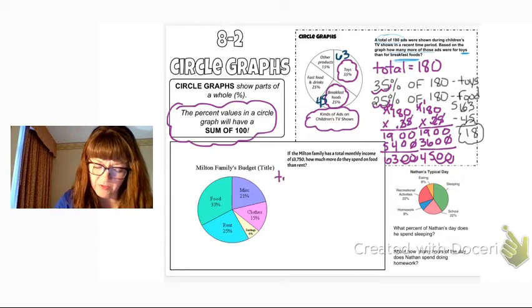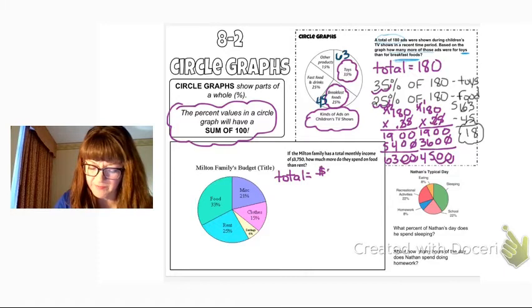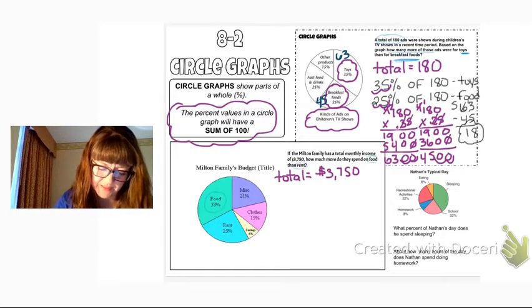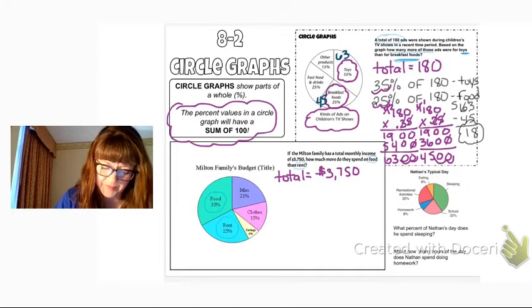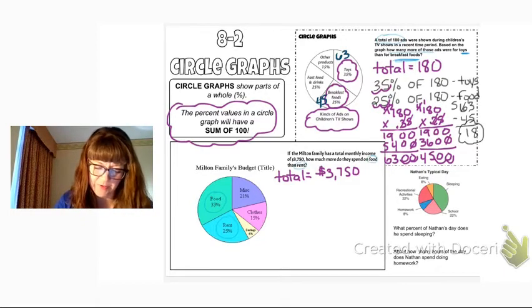Again, we have our total, which is $3,750. I want to focus on food and rent, so 33% and 25%. So let's find 33% of 3,750.